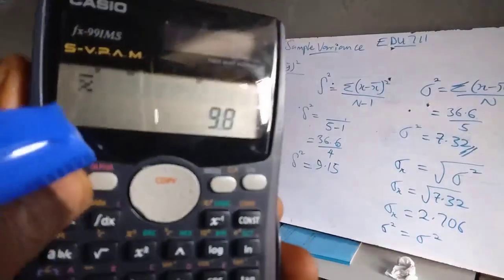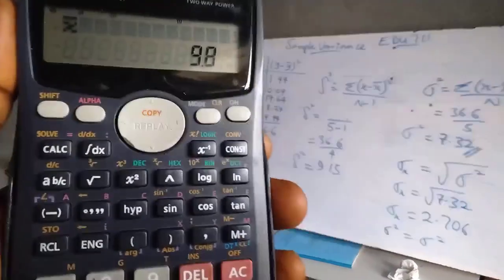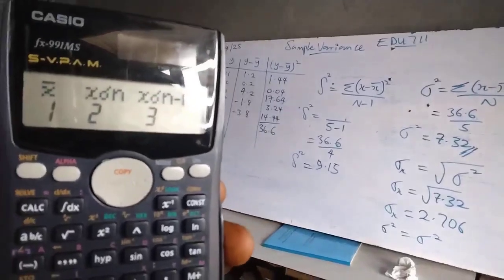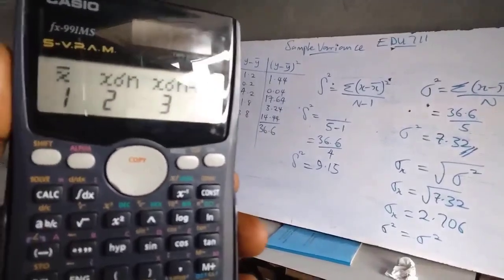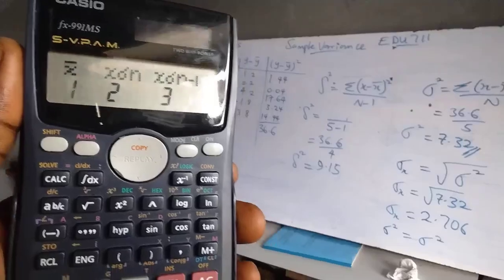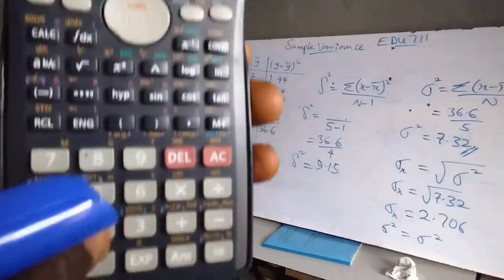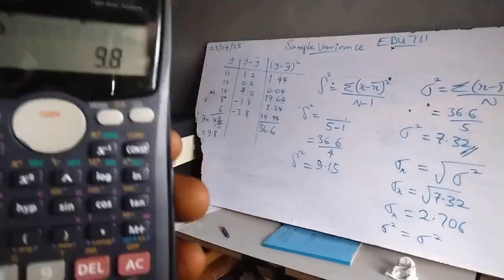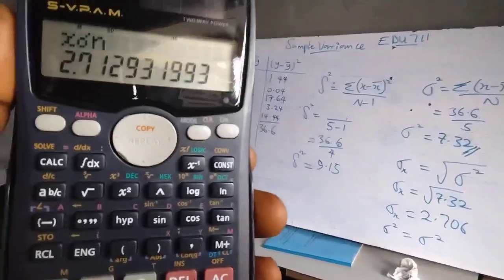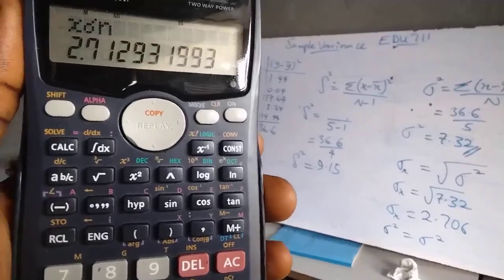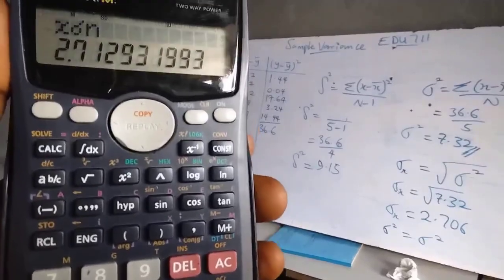So let's go again, shift 2. So we press 2, S sigma n, that's population standard deviation. So we press 2 on the keyboard, and that is equal to, you can see, 2.71. Yes.